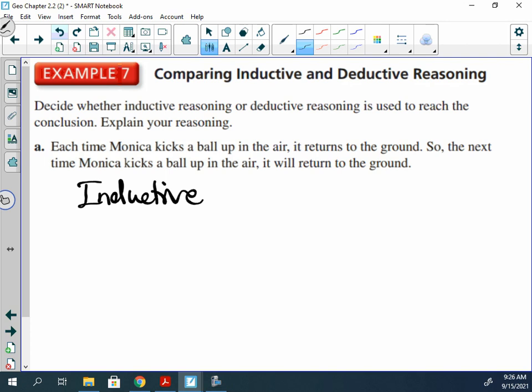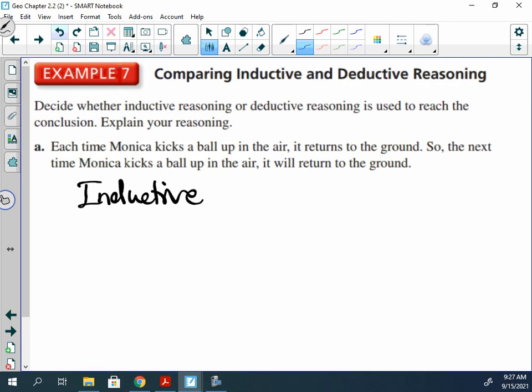It is dealing with hypothesis and conclusion, but what? There's one main difference between the two. Deductive is based off of what? Inductive is based off of what we can see, so it starts with a P, pattern, because it's based off of a pattern, something that we can observe.